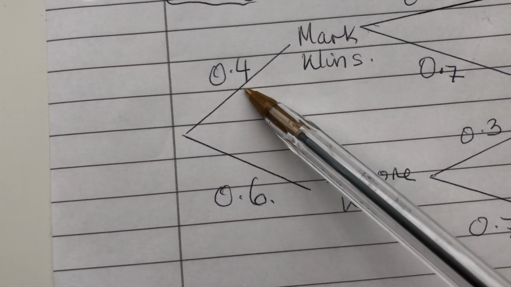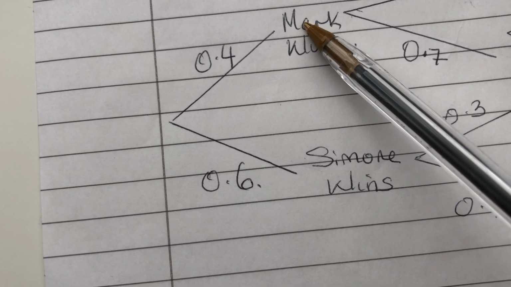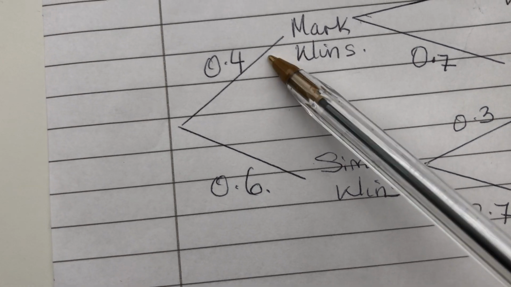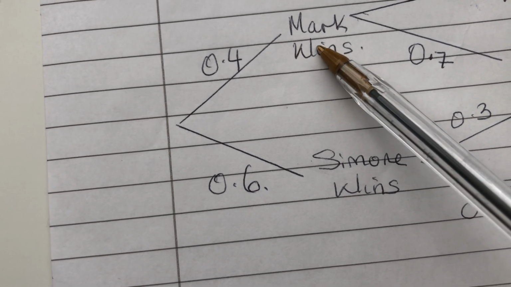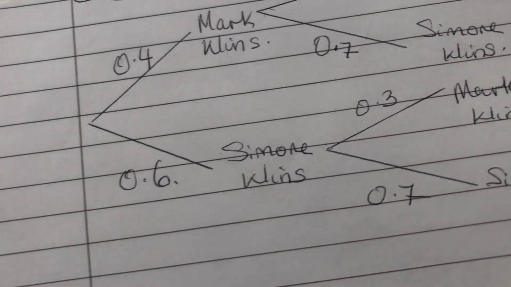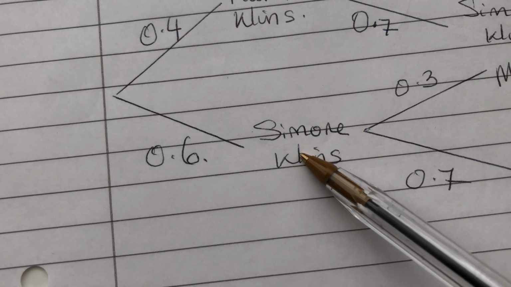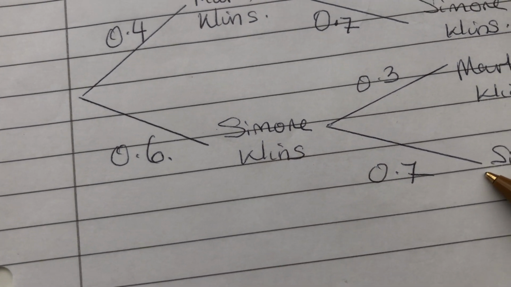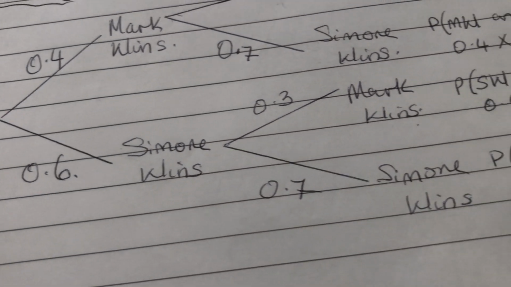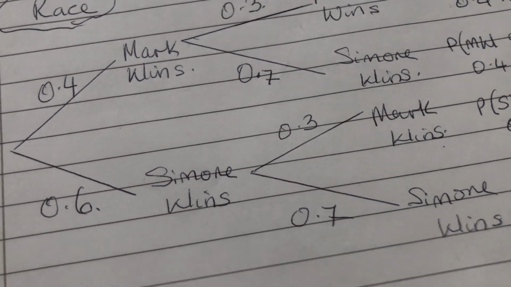So if she loses the race, then it means Mark won it, and then she has to win the swimming. So that is it. The other chances are not true, so we can disregard these other chances.